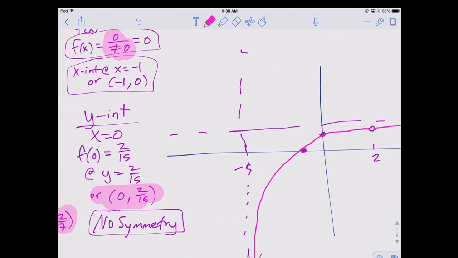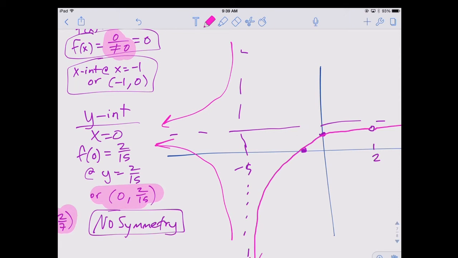Now notice to the left, I have 2 options. My graph can either live up here above the horizontal asymptote or below. How do we know where it lives, above or below? It can only live above or below on either side.